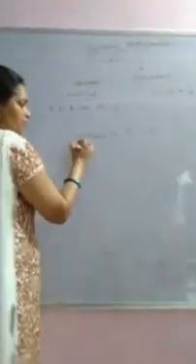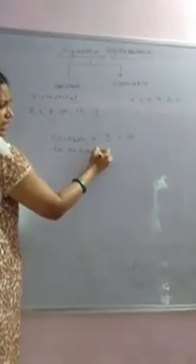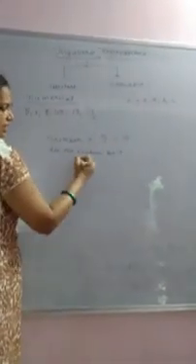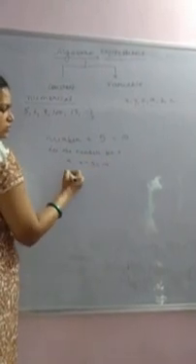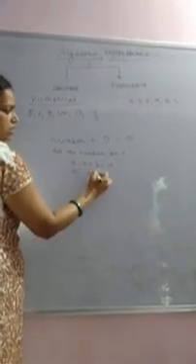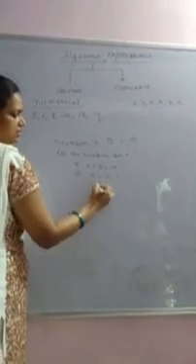I will say, let the number be x. So this implies x plus 5 is equal to 10. So x is equal to 10 minus 5. x is equal to 5. Right?